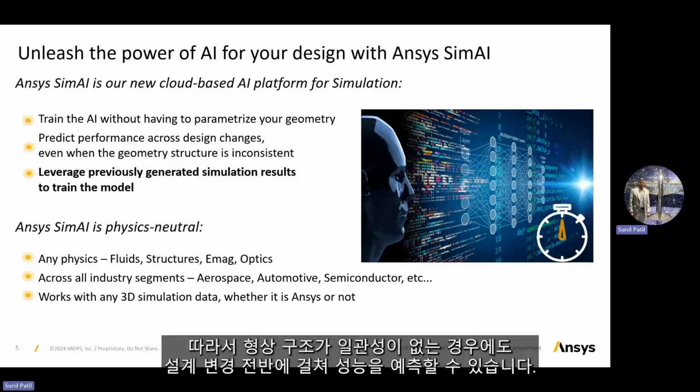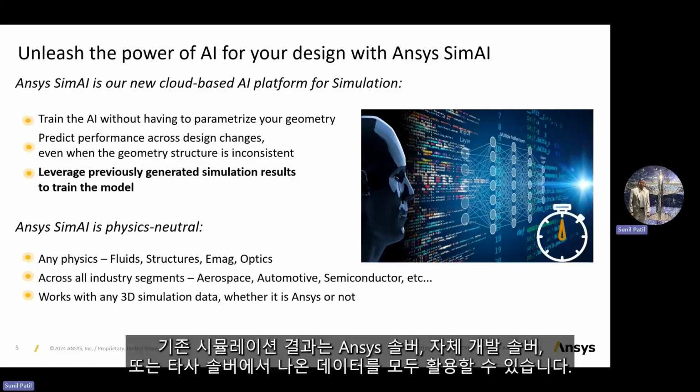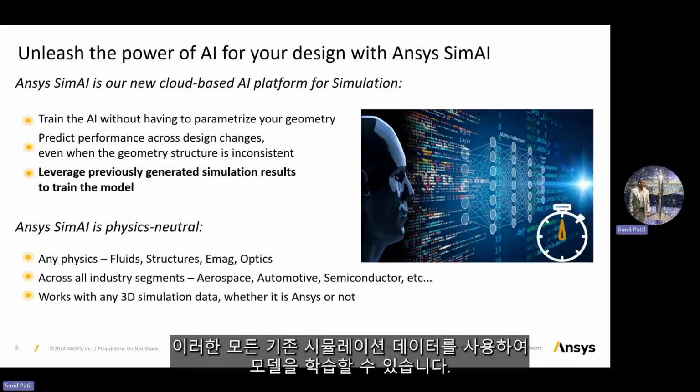You can predict the performance across the design changes, even when the geometry structure is inconsistent, and you can leverage previously generated simulation results, either from the Ansys solvers or your in-house solvers or third-party solvers, all that existing previously generated simulation data can be used to train the model.